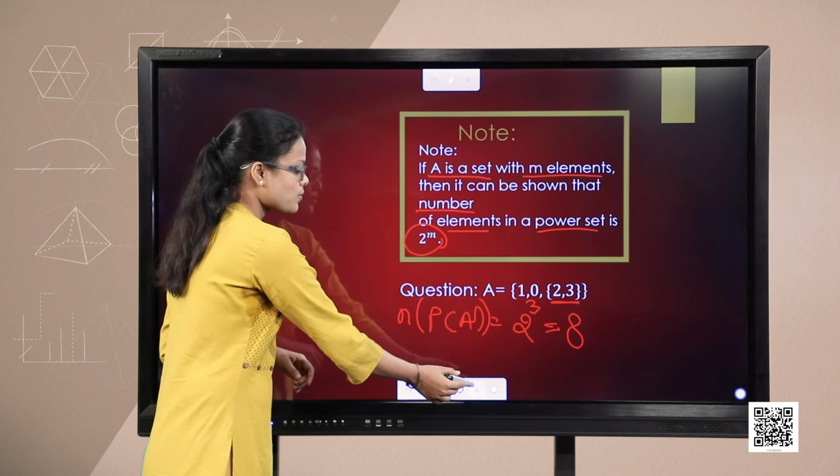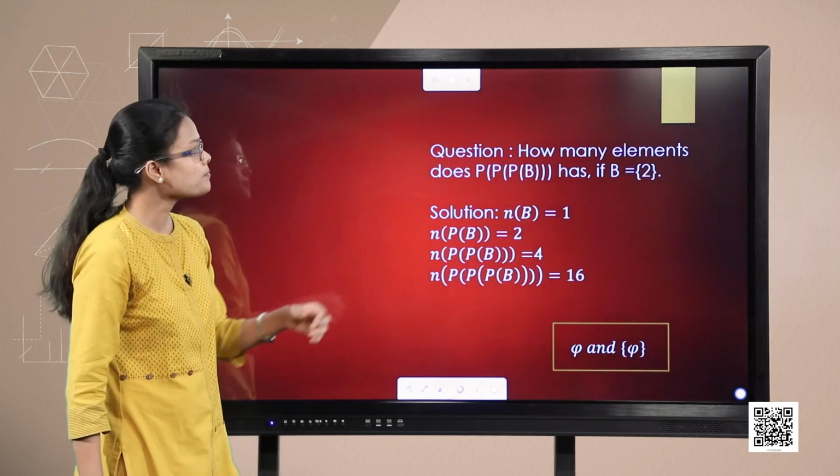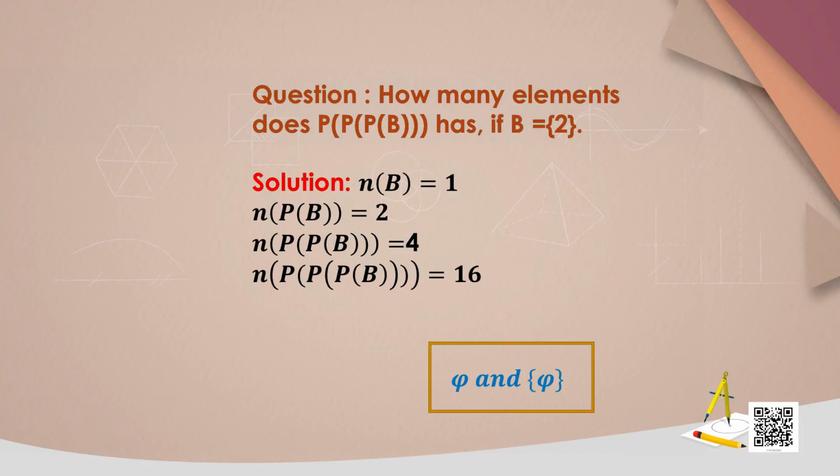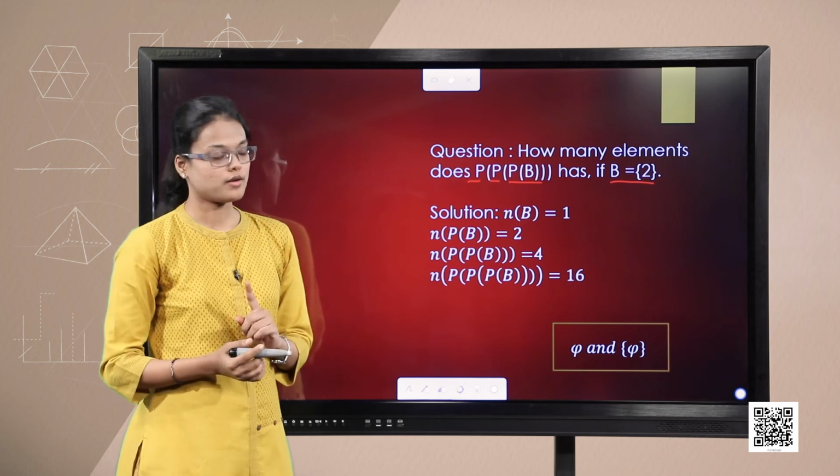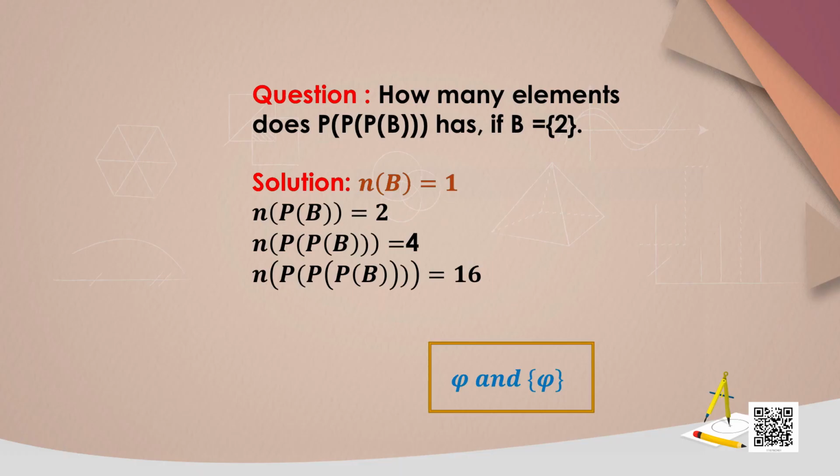Now, let us take one more question on power set. How many elements does the power set of the power set of the power set of B have, where B is a singleton set consisting of element 2? How many elements are there in B? 1. Number of elements present in B is 1. So, the number of elements in its power set will be 2 raised to power 1, which gives us 2.